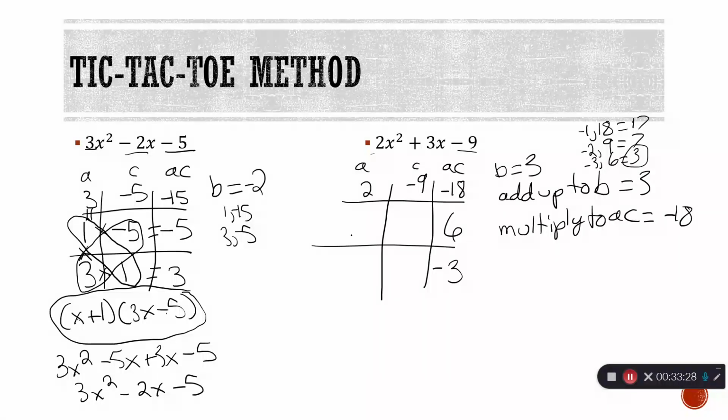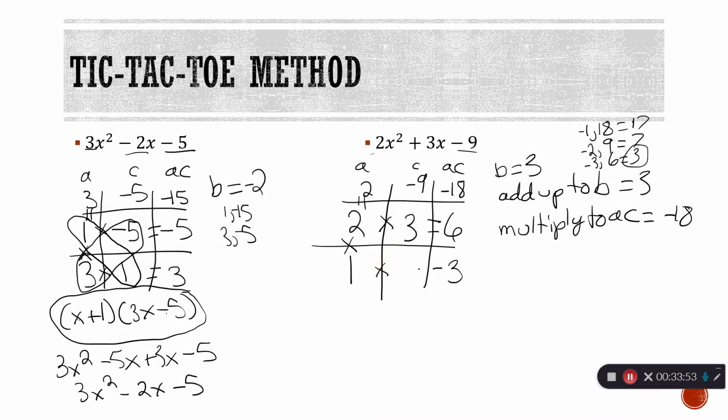Okay. So next step is to find a factor that both 2 and -3 share. They don't share anything except 1, because everything always shares 1. So good. Got that. Now we've got to figure out what 1 times what gets me 2. 1 times 2 gets me 2. And then 2 times what gets me 6? 3.